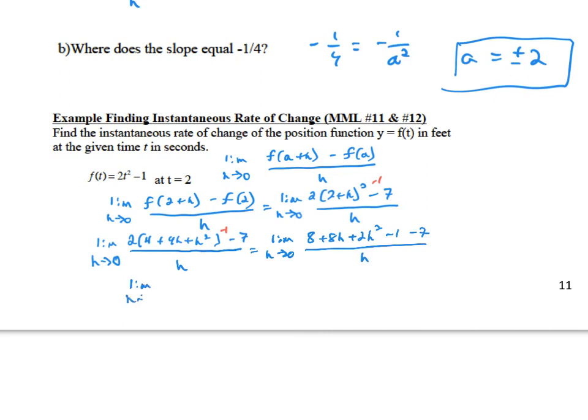Okay, it looks like the numbers will cancel out, and I'm going to get 8, and so will a power of h, so 8 plus 2h, and then I think we're going to finally get an instantaneous rate of change of 8. Okay, that's what it ends up being. So there is our discussion on the rates of change, tangent lines, and normal lines.